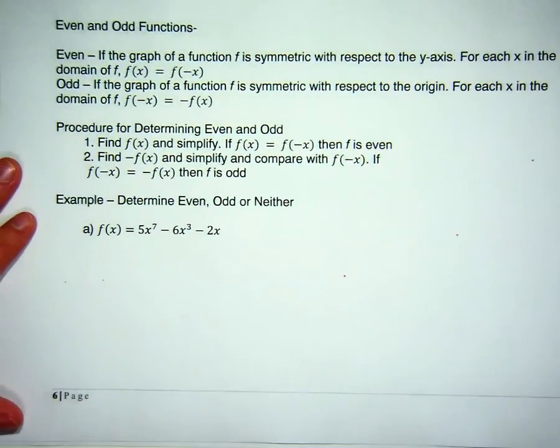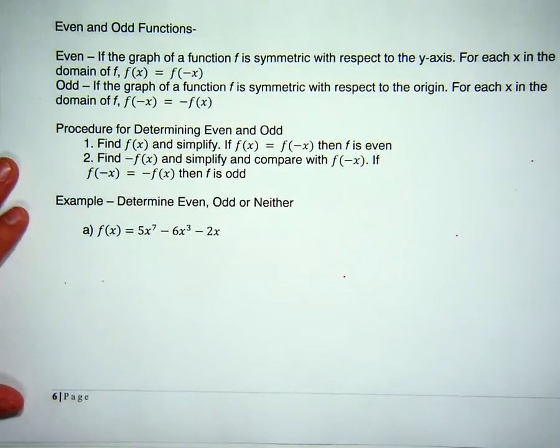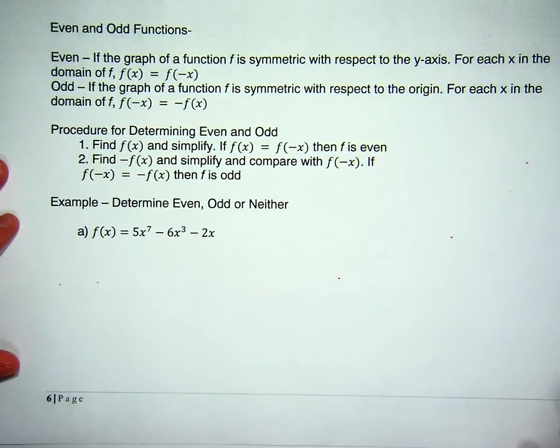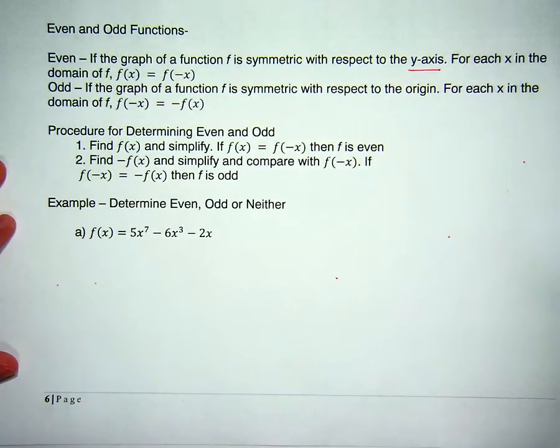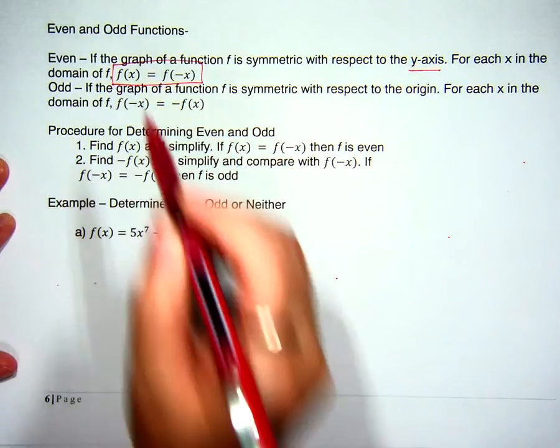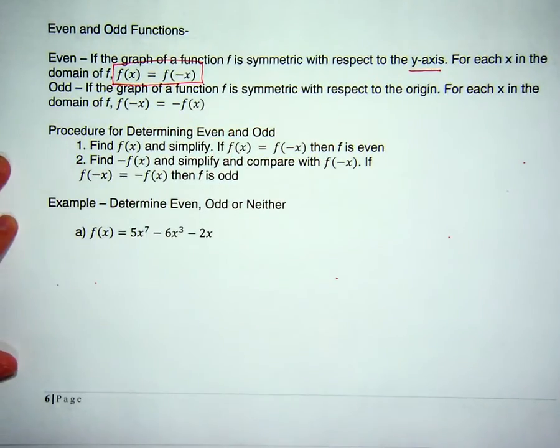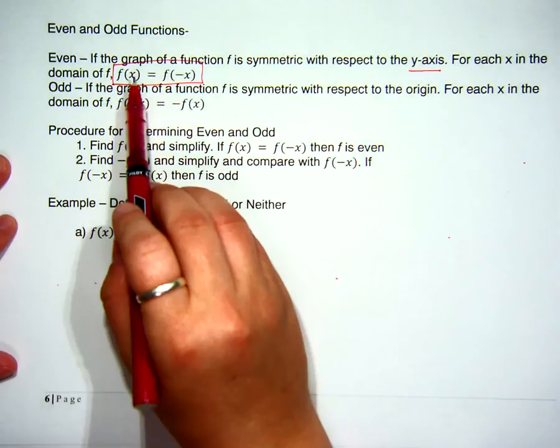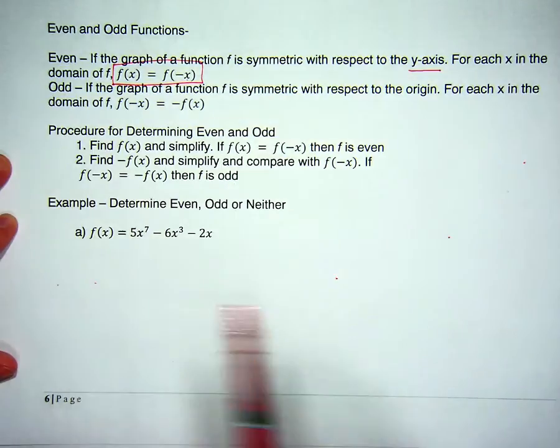Let's talk about evens and odds. Even and odd functions, that is. It says if the graph of a function f is symmetric with the y-axis, that means for every x in the domain, then this will hold true. Then your function f(x) is equal to the function if I replaced x with a negative x, f(-x). Therefore, that function would be even.